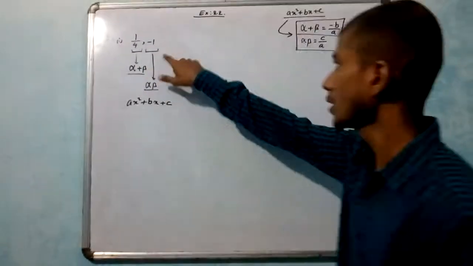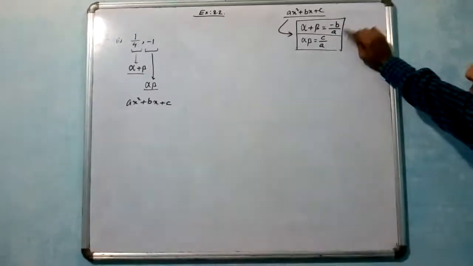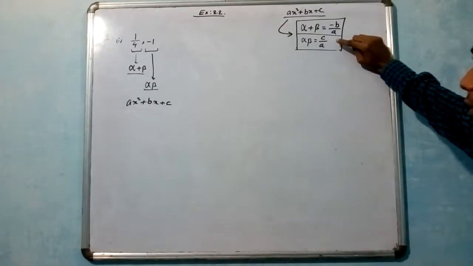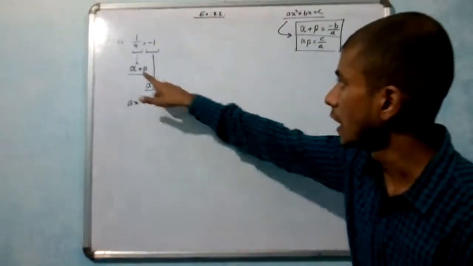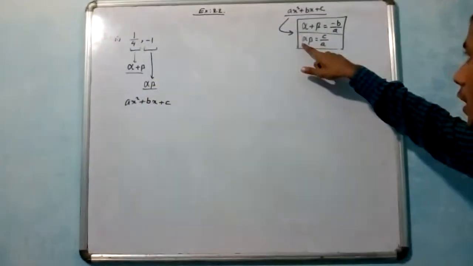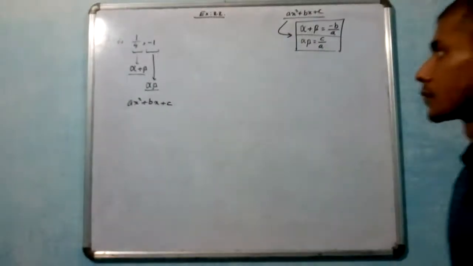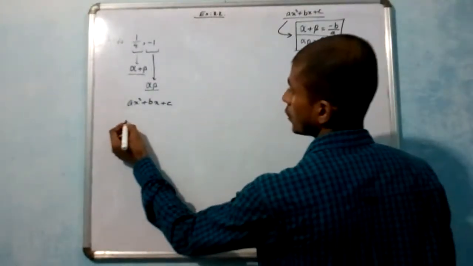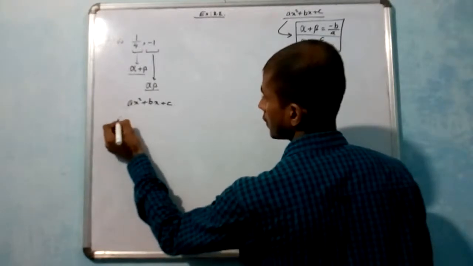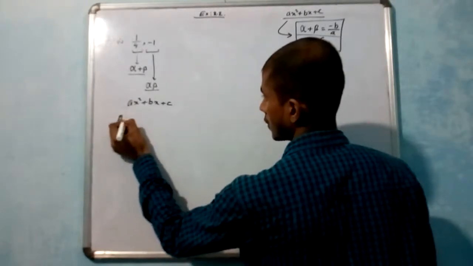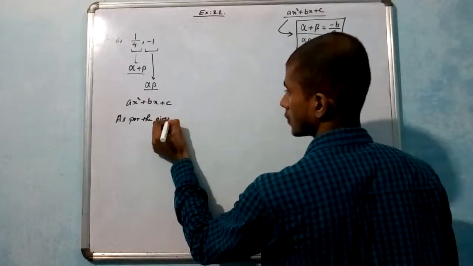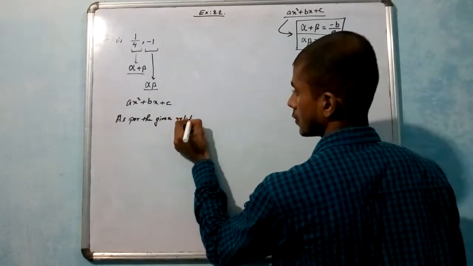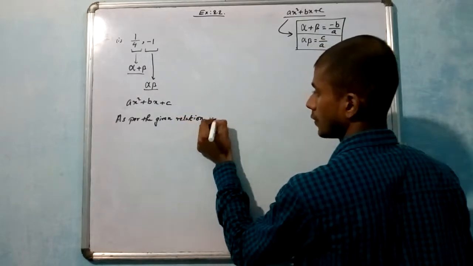As these relations are given, we will come here and see what the relations are. Alpha plus beta is minus b by a, that we know. This is the relation between the coefficients a, b, c and alpha and beta, and alpha into beta is c by a. Okay, so what we will do, first of all we will write as per the given relation.